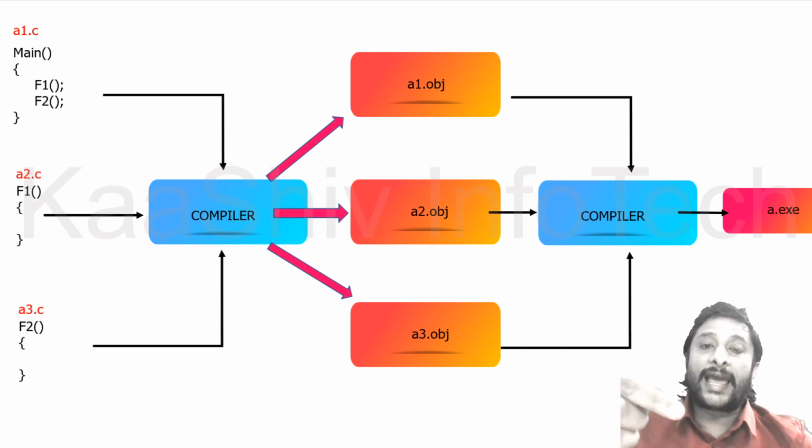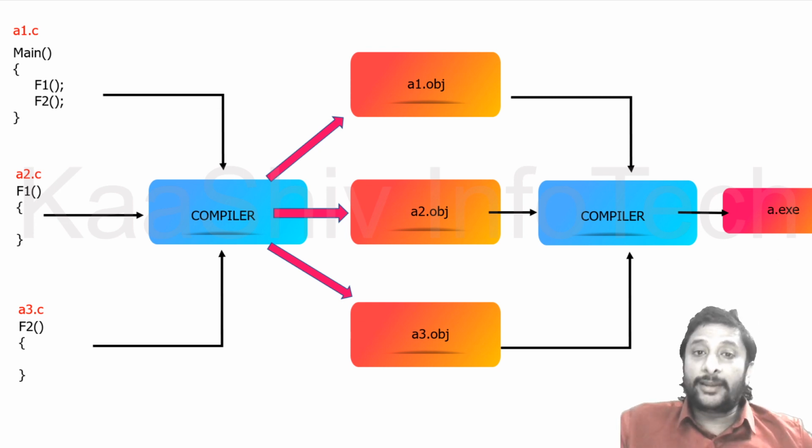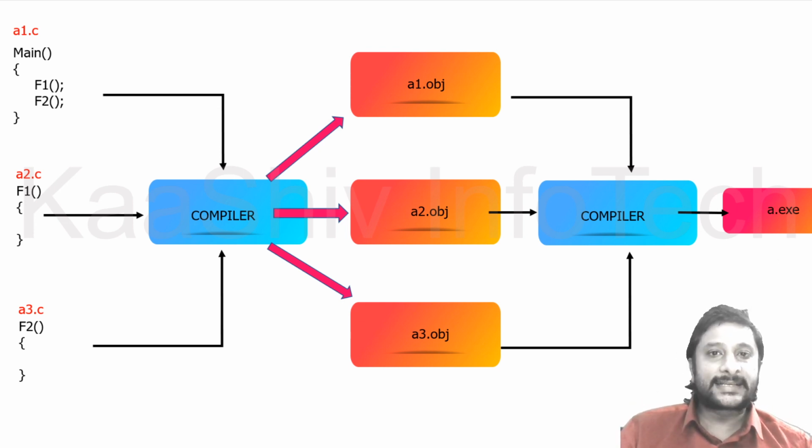It's a machine level language. Over here a1.c, this entire program will become an object, a1.obj, this will become a2.obj, this one becomes a3.obj, and further compiling, these objects are integrated to become an a.exe. The final outcome of all this program became an exe.